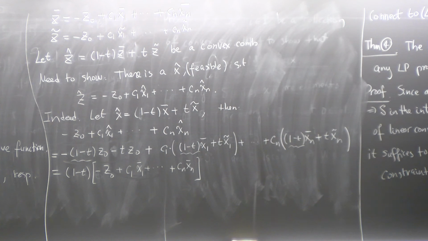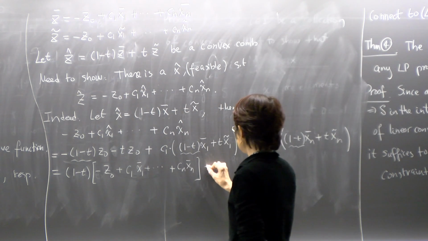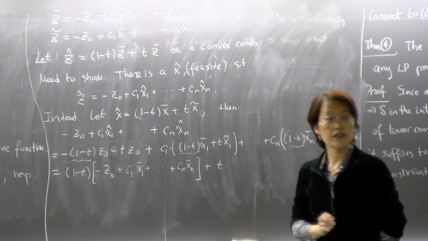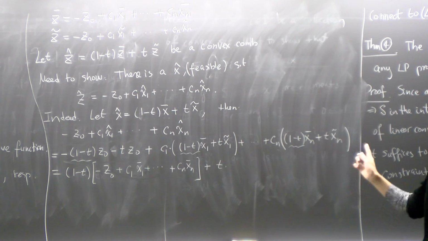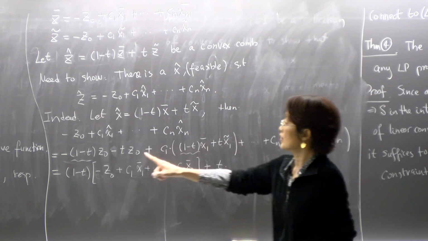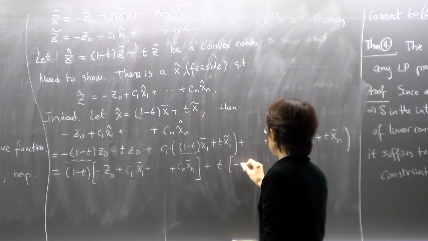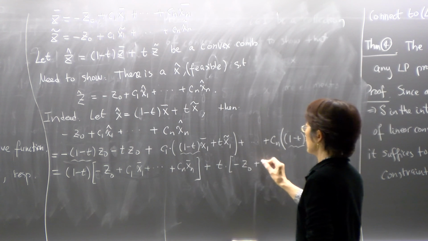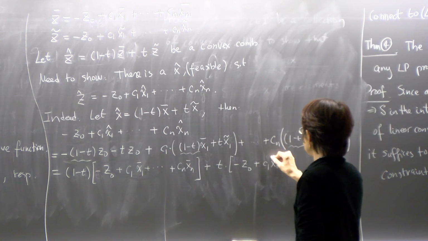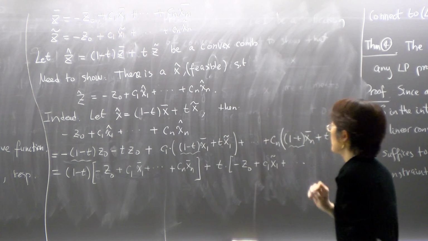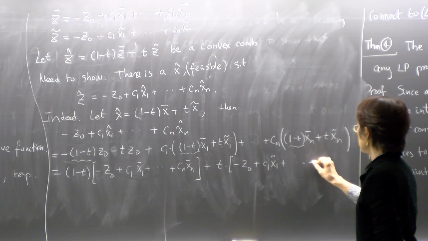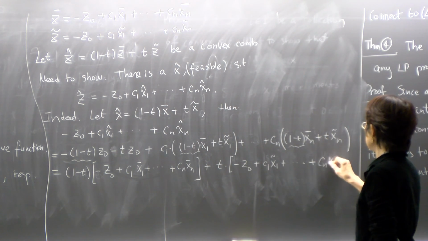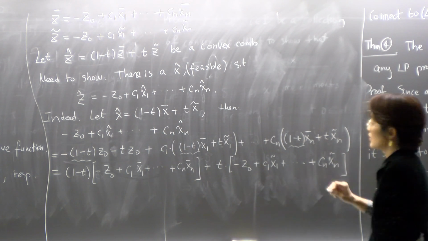That's all those with 1 minus t in it. And then the rest will be grouped together, and I will take t out, because t will be present in all the other terms. Then I have negative z0 from the first, and the second I will have c1 x1 tilde, and many terms until I reach the last one, cn xn tilde.